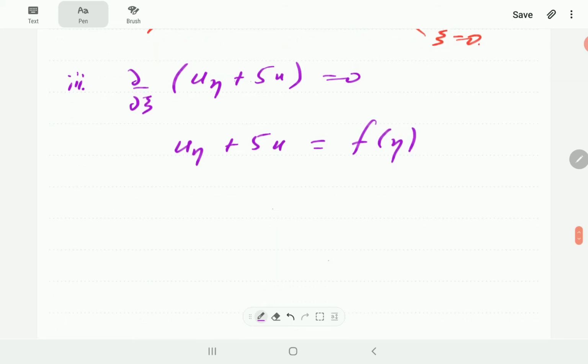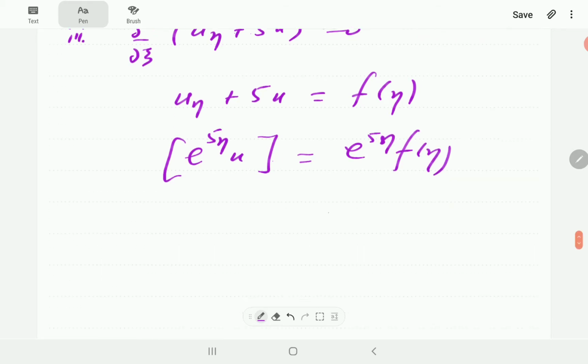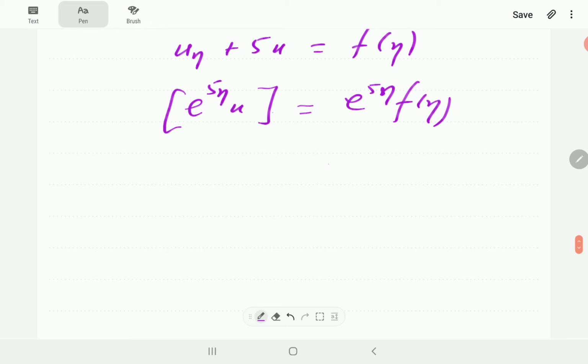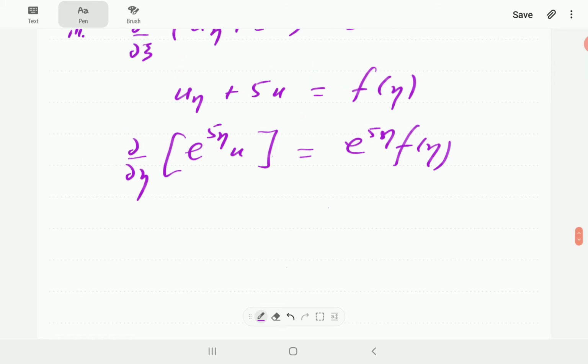Then here the integrating factor is going to be e to the 5 eta. We multiply both sides by e to the 5 eta, and this is what you're going to have. This is partial eta. Then we can integrate both sides with respect to eta.